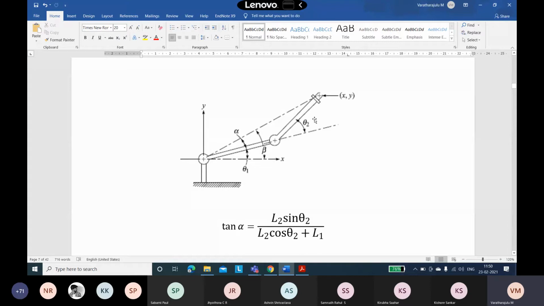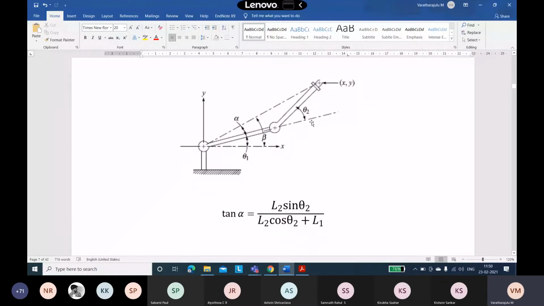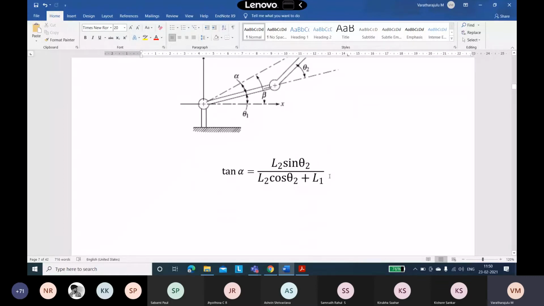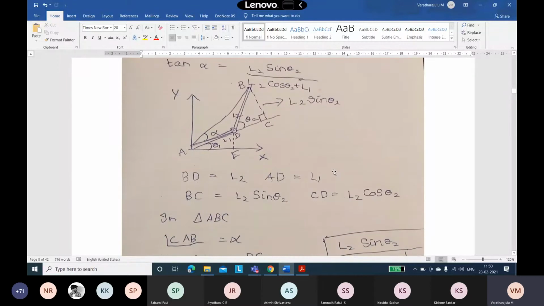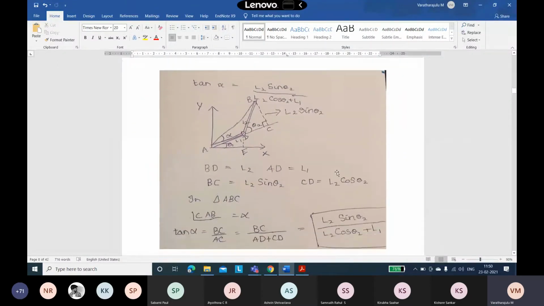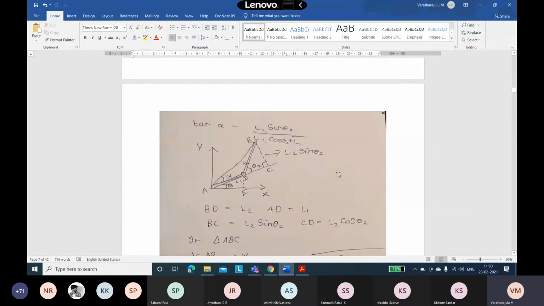The inclination of link 1 axis with link 2 is theta 2. This is what I requested someone to do, and I have given his photograph, his derivation. Here tan alpha is equal to L2, that is what we need to do.